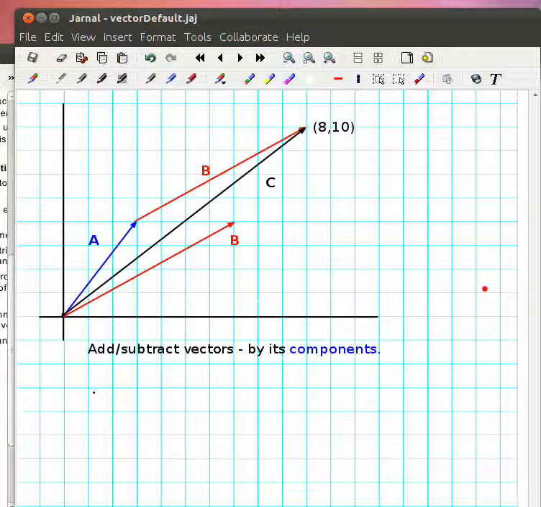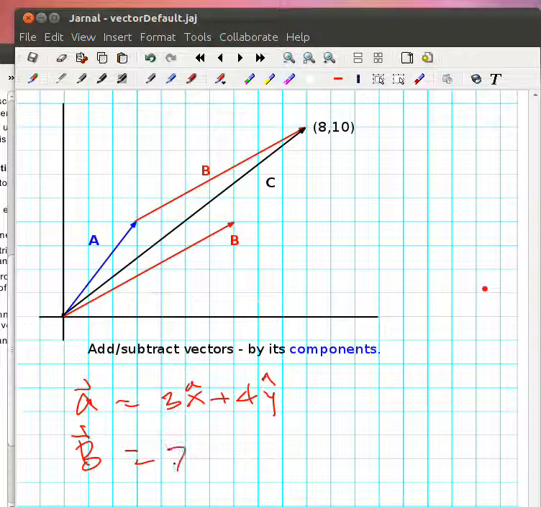A, like we said, this A vector equals 3x hat plus 4y hat, right? And B vector was 7x hat plus 4y hat. Now to add is simple.